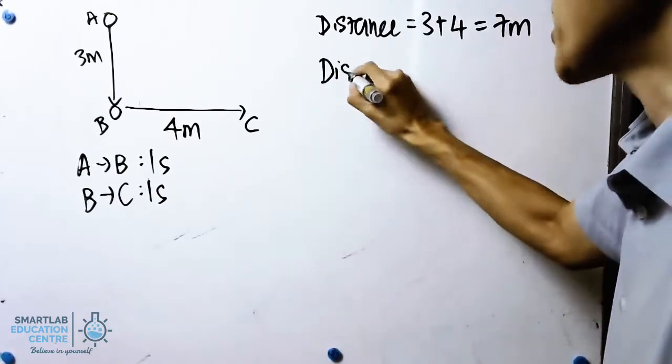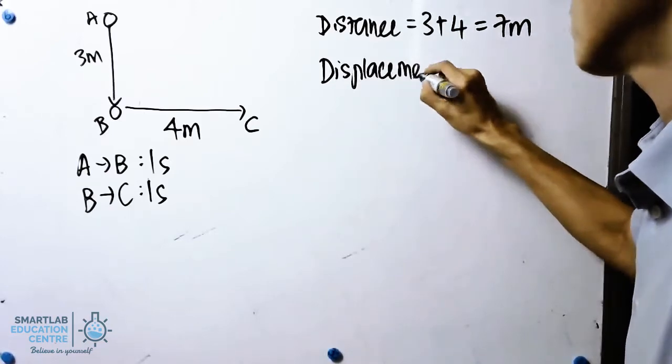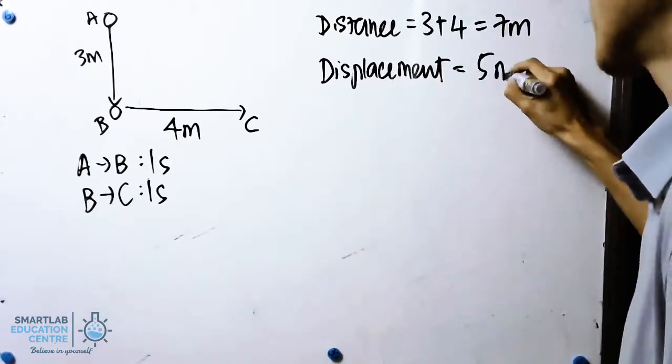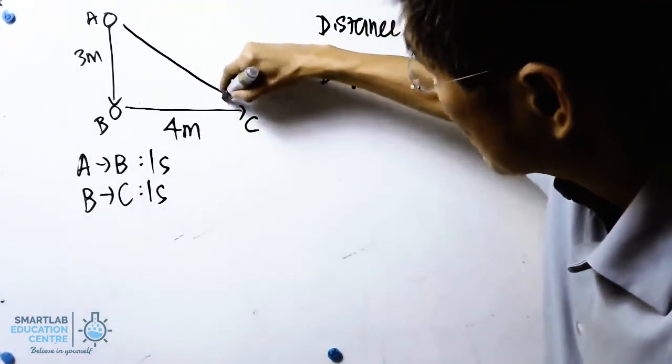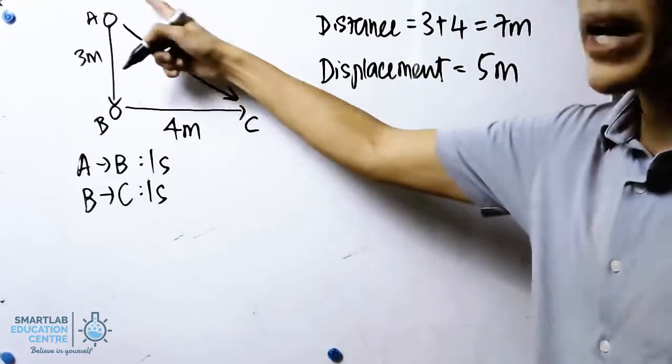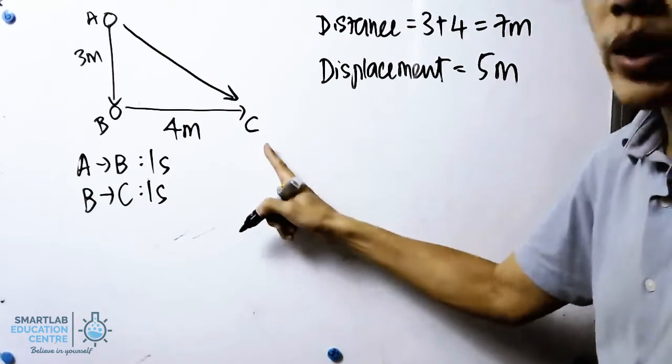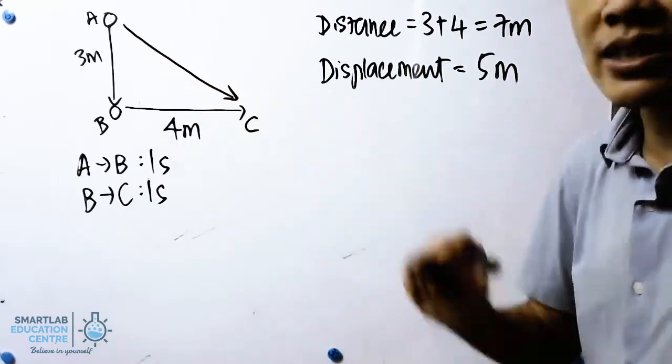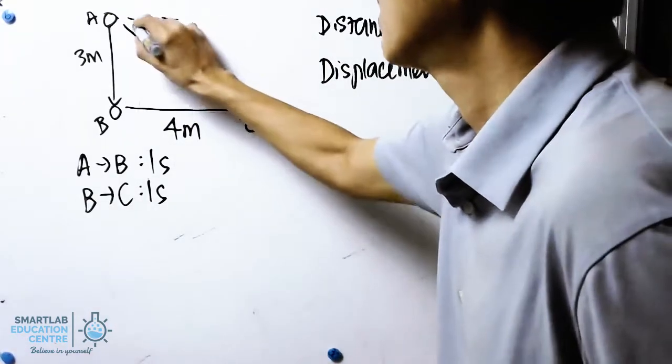However, in terms of displacement, it will be 5 meters. Because as far as displacement is concerned, it is just looking at where the start state of the car is and where the end state is, and obviously there's a directional component, theta.